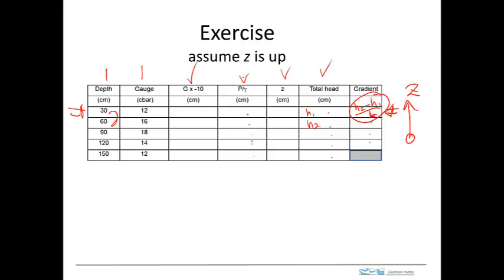Now, one thing about these tensiometers is that they work in the vadose zone, but they also will work in the saturated zone. So tensiometers are capable of working below the water table as well as above it, and so they can be used to identify the location of the water table.